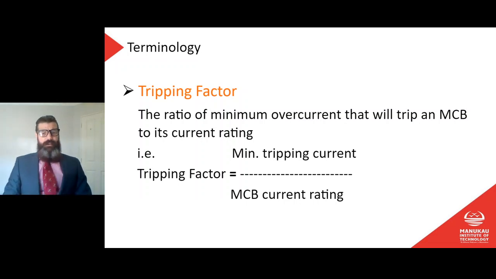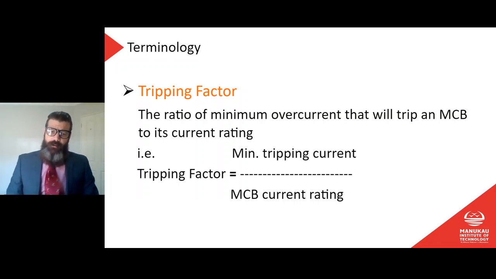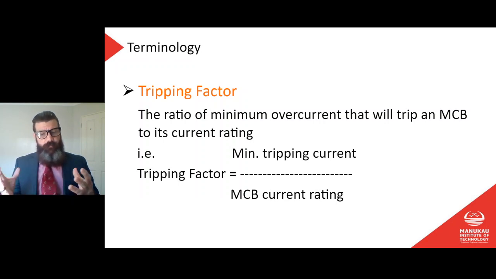So our tripping factor is the minimum tripping current divided by the rated current, or the maximum. The rated current being the maximum amount of current that it will carry until it trips. So that means, again, listen carefully, the tripping factor is proportional to the minimum tripping current.